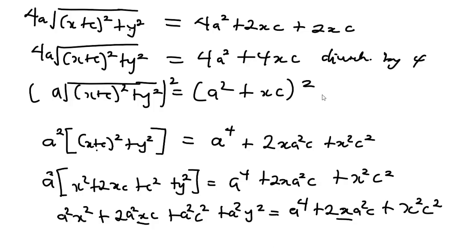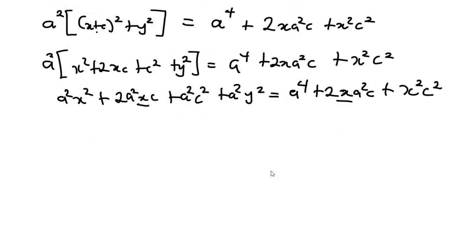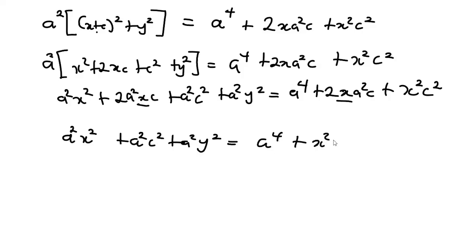So let's see what happens next. So we are left with a squared x squared plus a squared c squared plus a squared y squared being equal to a to the power 4 plus x squared c squared. Alright, so let's see what next to do.